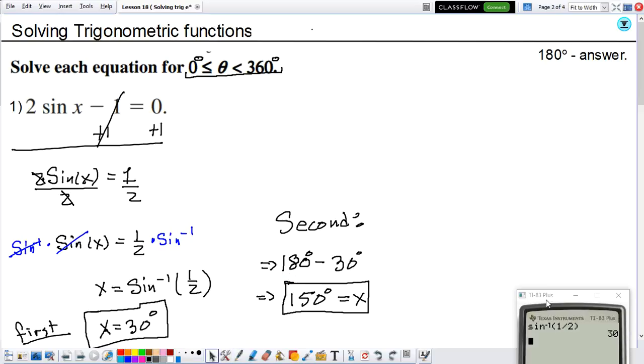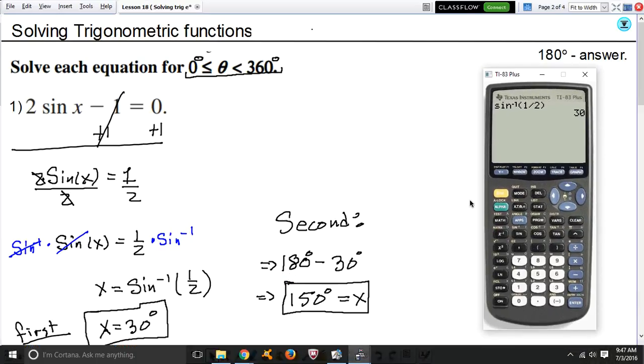How do we check if it's true? Well, let's see what happens when you take the sine of 30. So we take the sine of 30, we obtain 0.5. Let's take the sine of 150, which is my second solution, the sine of 150 degrees. Notice that when we take the sine of 30 and when we take the sine of 150, we get 0.5, which is 1/2.